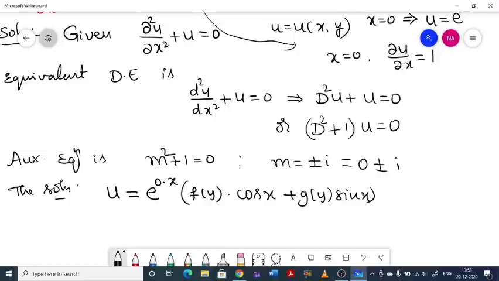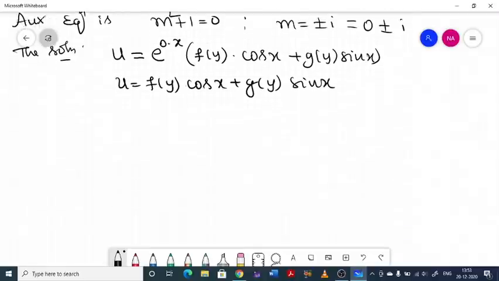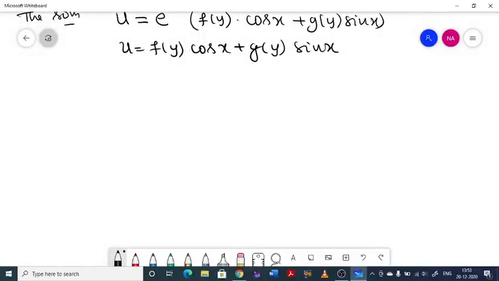So u equal to f of y cos x plus g of y sin x.